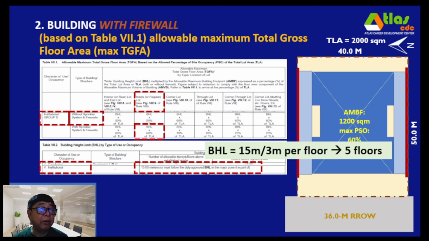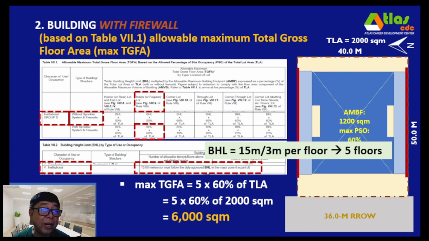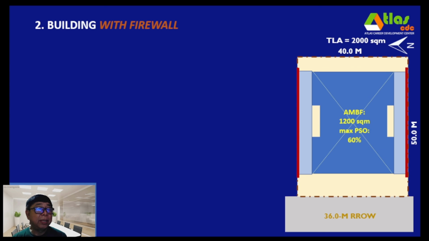So therefore, it will be 5 floors. Our maximum TGFA will be 5 floors, our BHL times 60% of your TLA. And so, our maximum GFA will be 5 floors times 60% of 2,000 or 6,000 square meters.